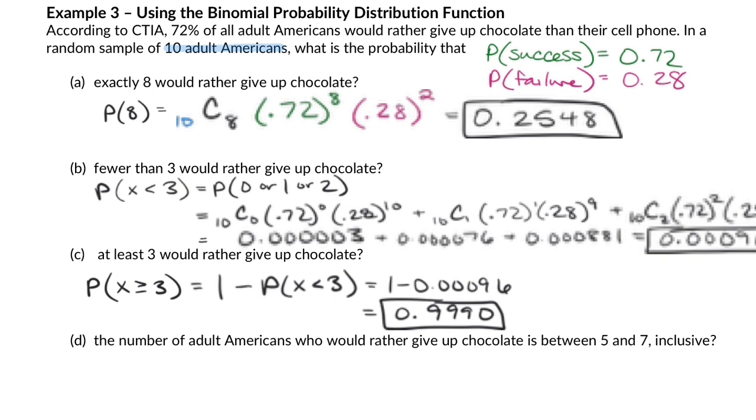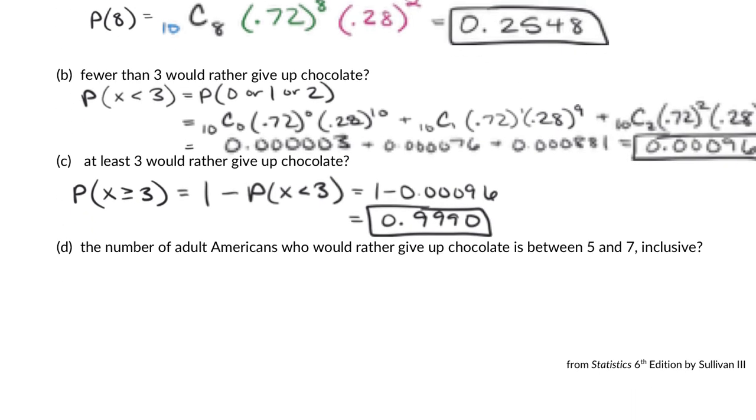What about D? It says the number of adult Americans who would rather give up chocolate is between 5 and 7 inclusive. Inclusive means including 5 and 7. So I would be doing the probability that x is between 5 and 7. So what numbers are between 5 and 7 inclusive? 5 or 6 or 7.